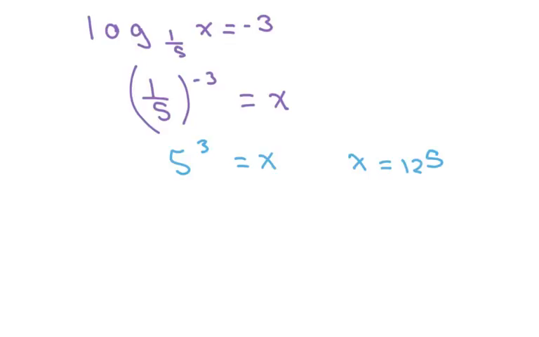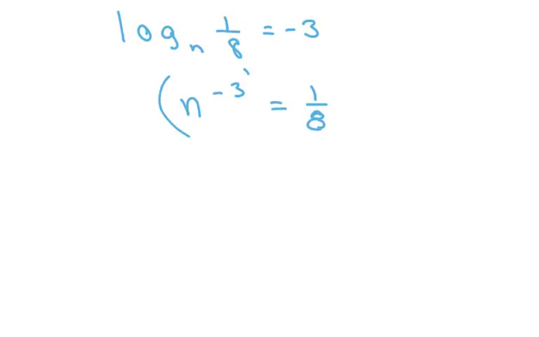And let's see if there's any other tricky ones here. Let's do one more. Log base n of 1 over 8 equals negative 3. So we have n to the negative 3 equals 1/8. Alright, so what I'm going to do is go ahead and power this by negative 1/3.